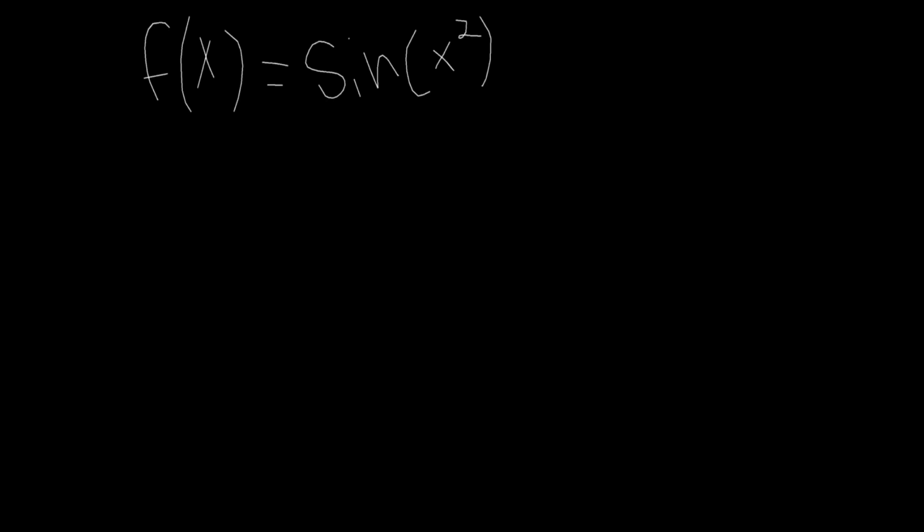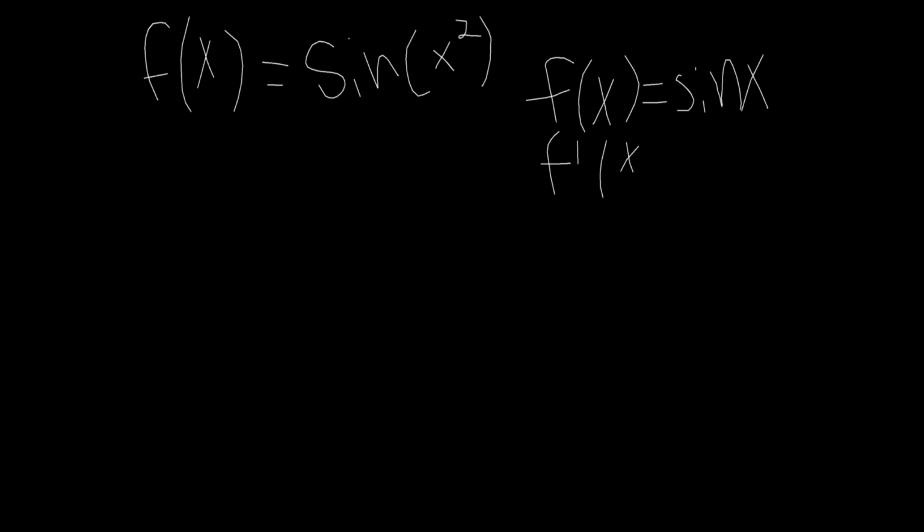In this example, we see sine of x squared. It's important to note that the square is inside and not outside. We'll take a look at another example when the square is on the outside. But for now, we see that it's inside. So here, we know that our outside function, we'll label that as f of x, is sine of x. And we know that the derivative of sine of x is cosine of x.